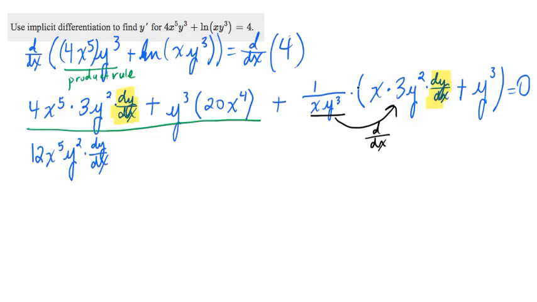And then over here, let's distribute this over both of those terms because we need to get the term with dy/dx separated from the y cubed term.